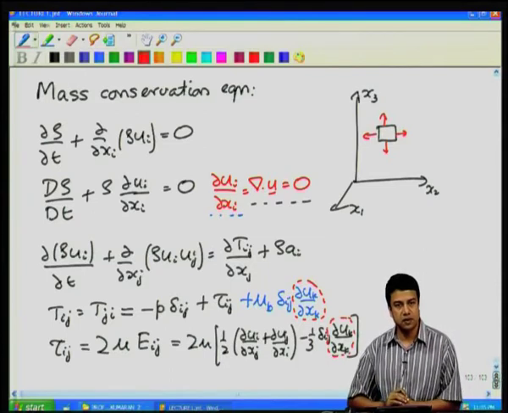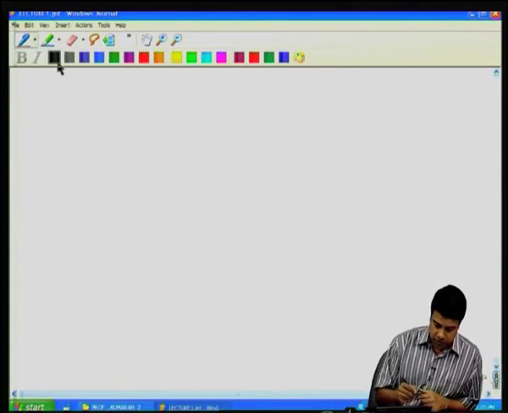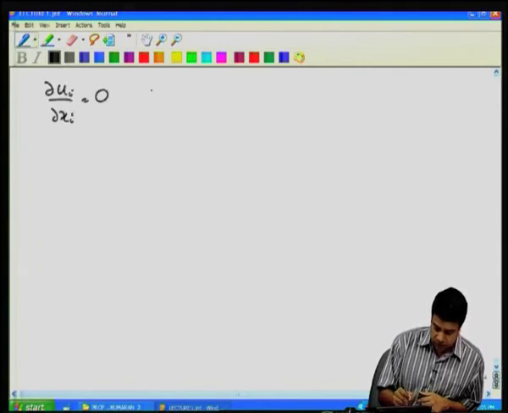So, those were our Navier Stokes mass and momentum conservation equations. To write it out in detail once again, the mass conservation equation is just that partial ui by partial xi is equal to 0, or divergence of the velocity is equal to 0.